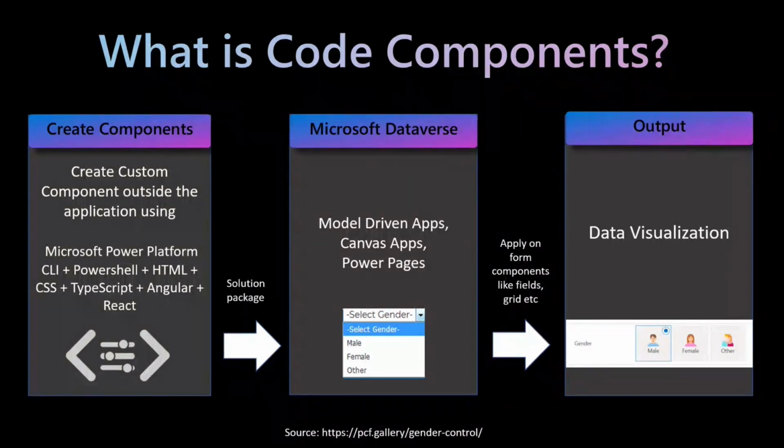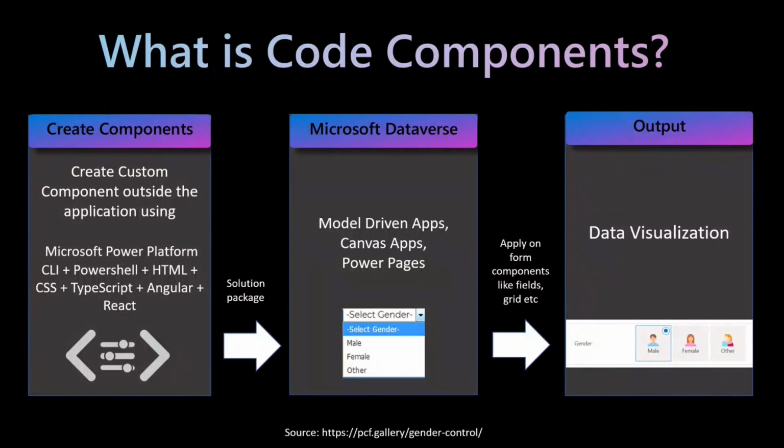If you have good knowledge of that, then you can create your own component, a plug and play solution kind of thing. Then you can create a package of it, and import it into the Microsoft Dataverse. So you always create the component outside the application, then create a package of it in the form of a solution, and then import it into the Microsoft Dataverse.